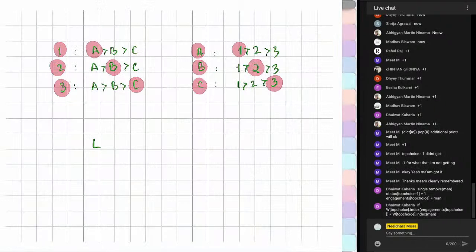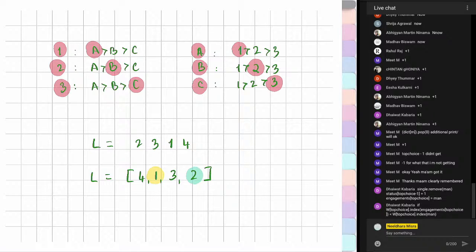So this list, let's say originally we took it as 2, 3, 1, 4, for instance. So let's say this is the woman's preferences, but in Python, this list is implemented as 4, 1, 3, 2. Let's say that this is the current partner, and this is the person who is proposing, right?